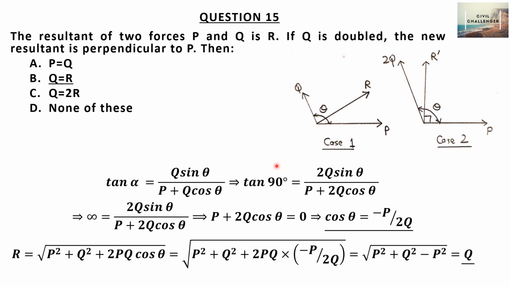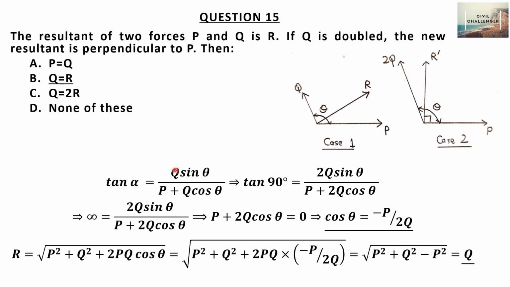This is the general form, but in the question the forces are P and 2Q. Therefore tan 90 degree, which is the angle between the resultant and the first force, is equal to 2Q sin theta divided by P plus 2Q cos theta.